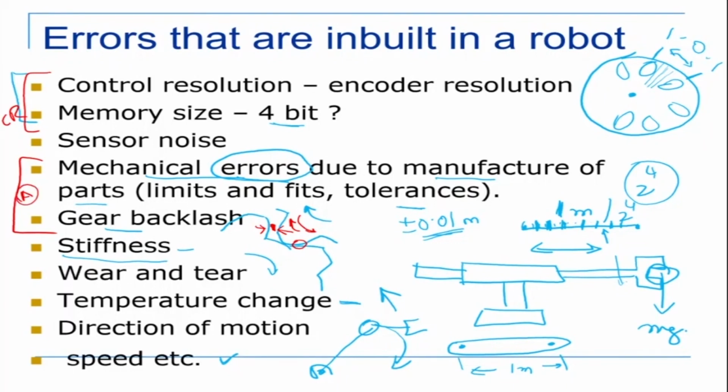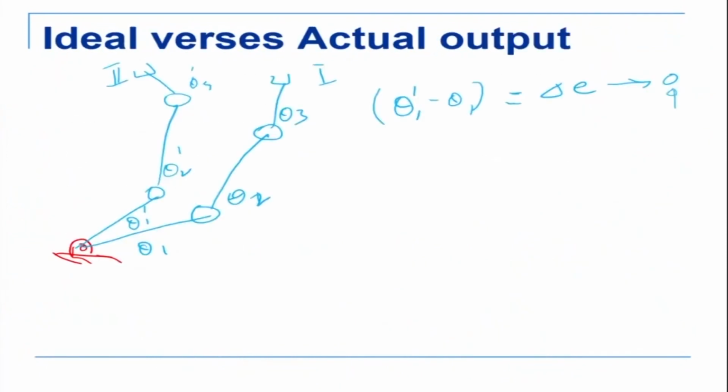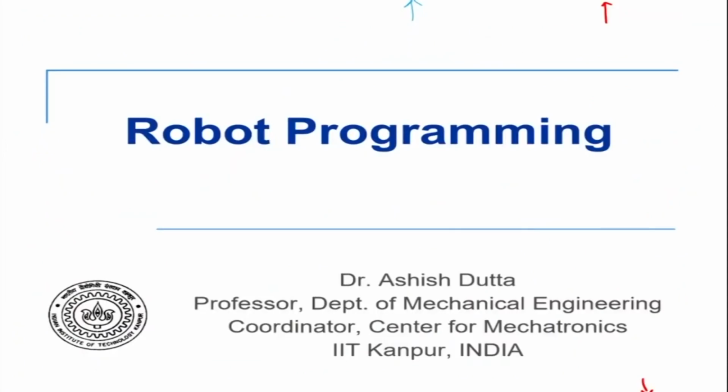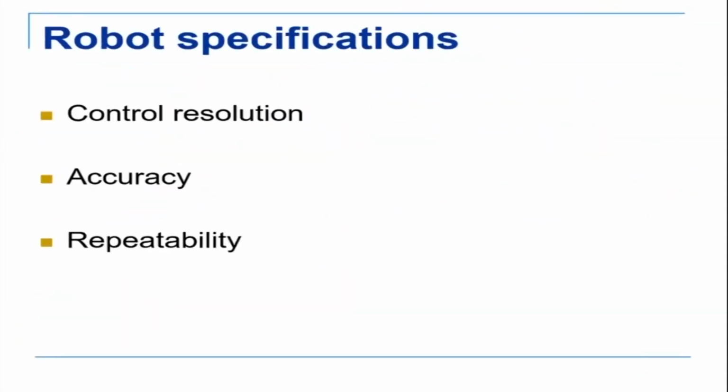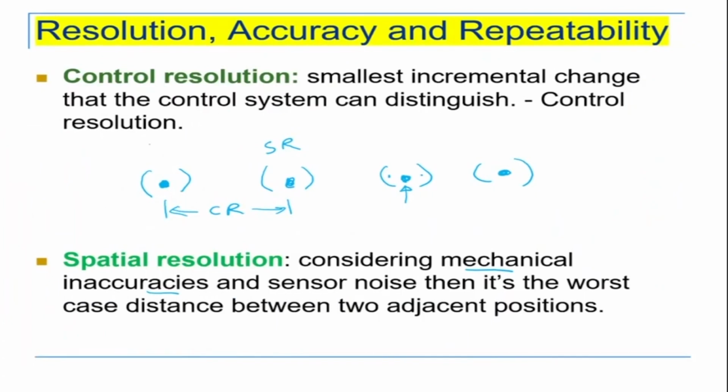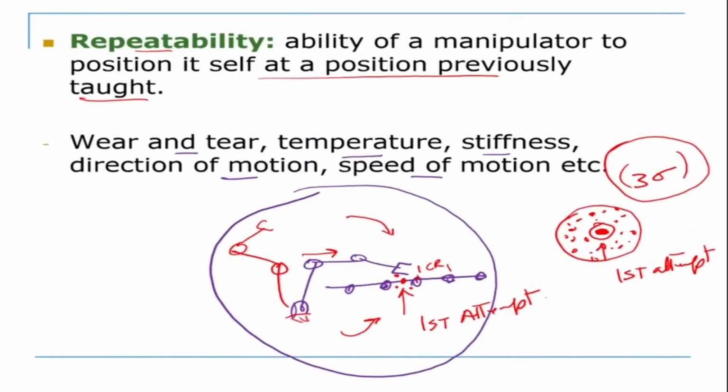Okay, and then we have the other kind of error which causes repeatability: stiffness, wear and tear, temperature change, direction of motion, speed, etc. So all these errors together make the robotic system not very ideal. Okay, so if you want the manipulator to go to some point in space, it will probably go somewhere near there, and that will be defined by this repeatability of 3 sigma.